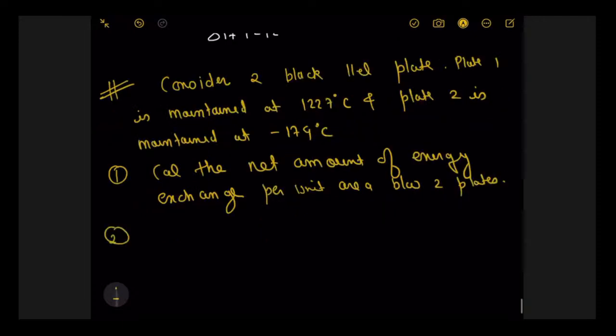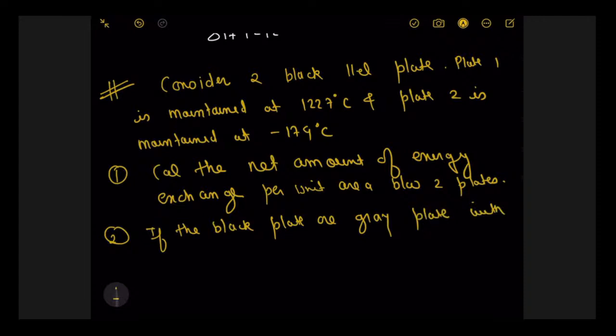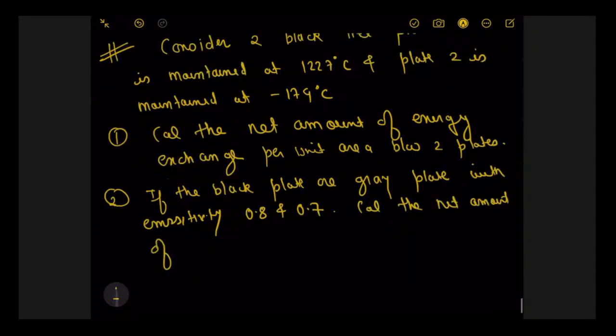Second, if the plates are gray plates with emissivity 0.8 and 0.7, calculate the net amount of energy exchange.